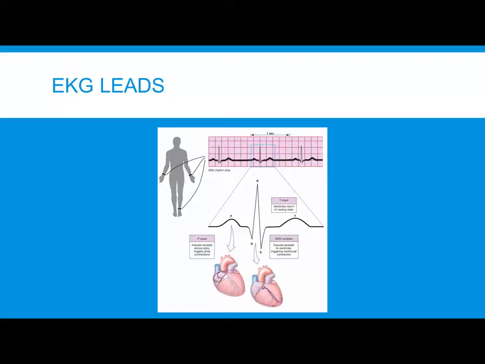But look at the size of the muscle in the ventricle. So it takes much more electricity to power the mansion than it does to power the single wide trailer. Alright? So it takes much higher voltage to power the large chambers than it does the small chambers. Okay?